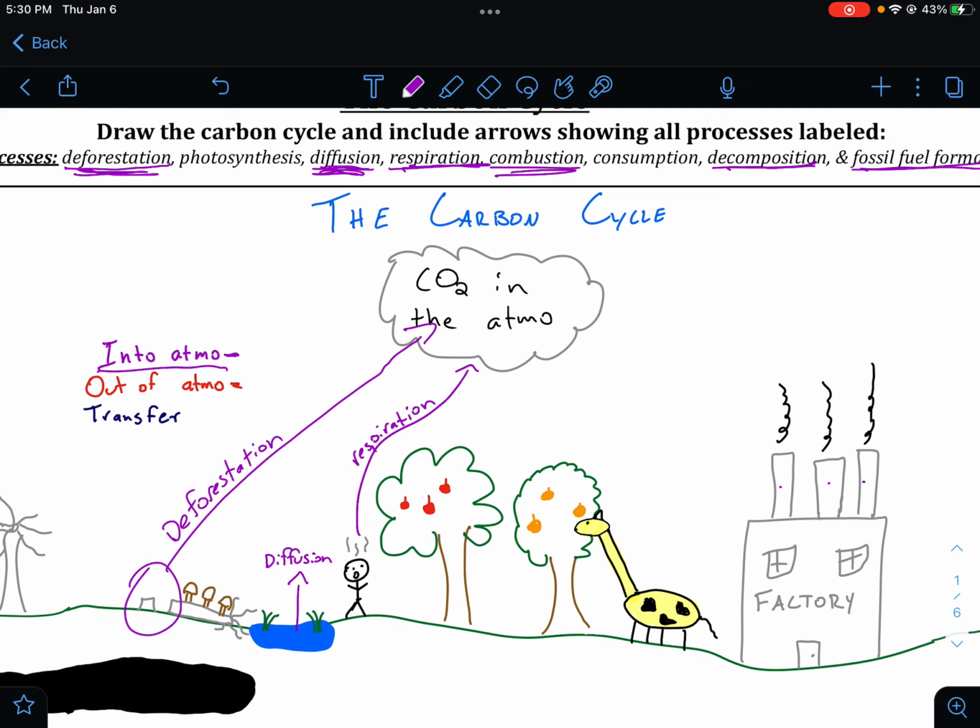But it's not just animals that do this. Like, totally, this giraffe is in there too, and also these plants are also in there. So these trees and animals and plants, all of us living things respire. We go through the process of respiration.